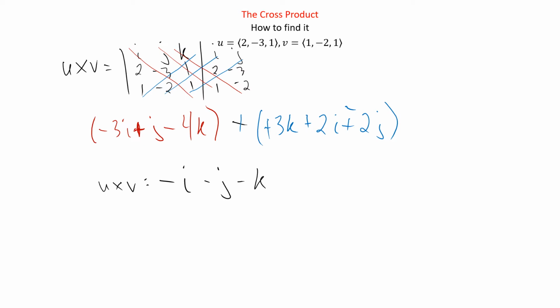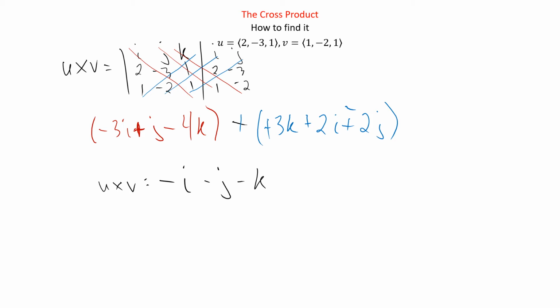But a cross product is orthogonal to both the vectors that make it up. So u cross v is orthogonal to both u and v. Now, what does orthogonal mean? If you remember from the last time we looked at vectors, orthogonal is really a fancy three-dimensional word for perpendicular.